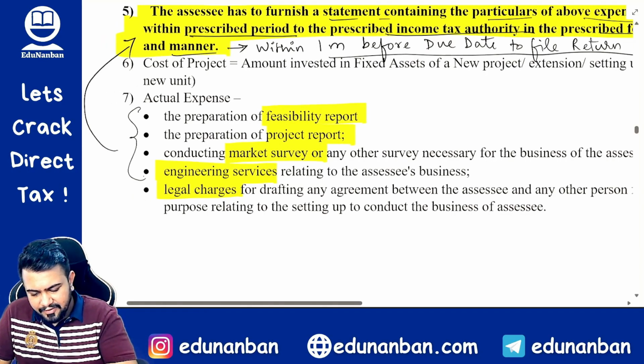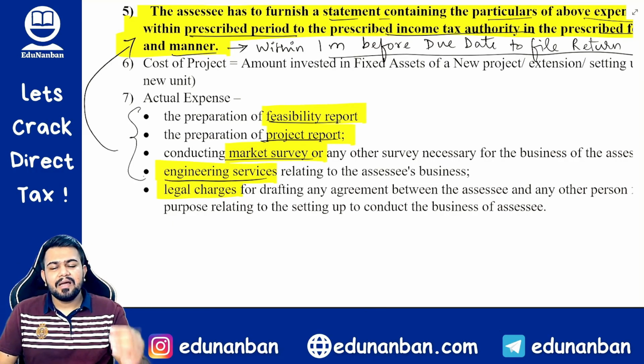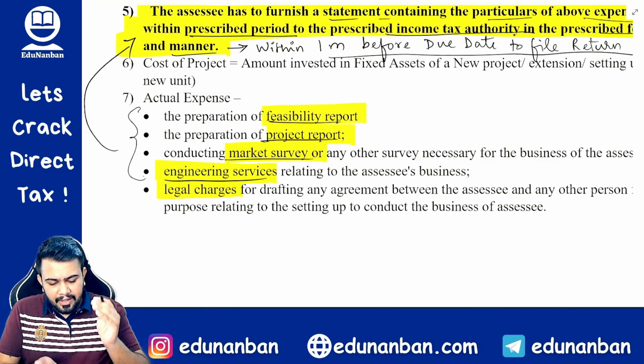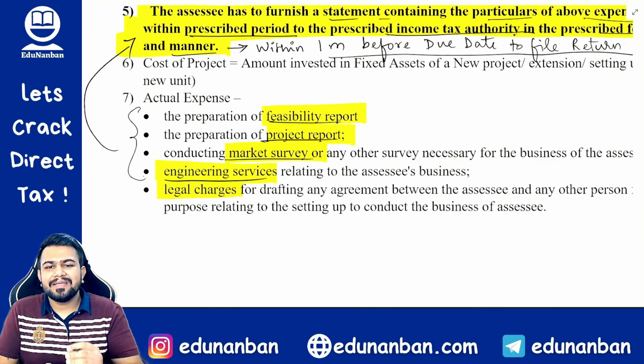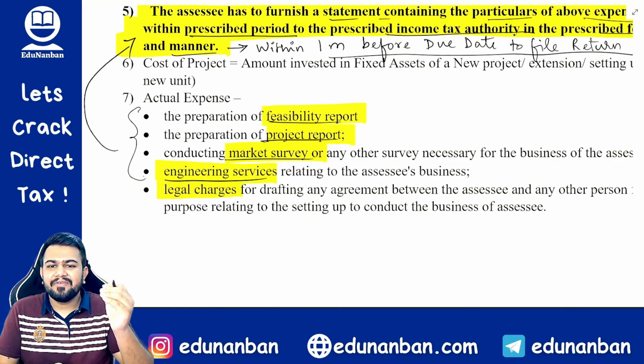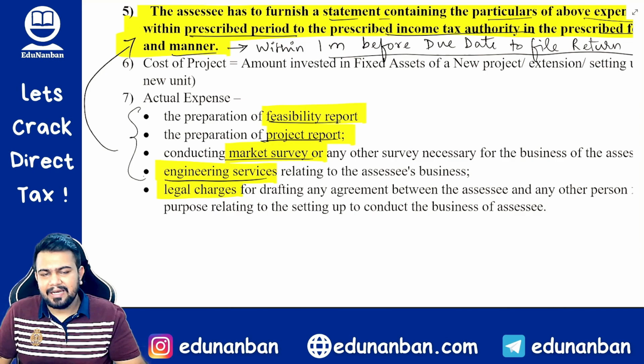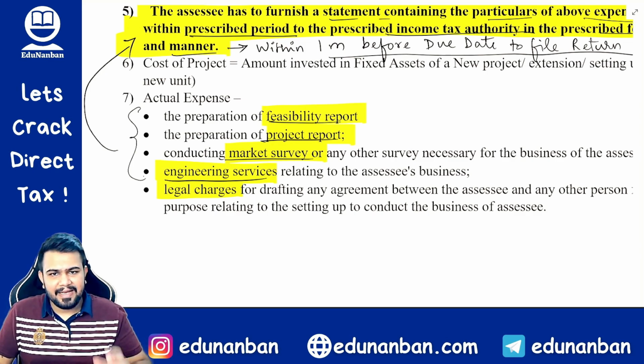Now for the first 4 expenses, earlier the deduction was given only if prior permission was taken for making these expenses, or if CBDT had given approval to certain vendors and you had purchased the relevant items or made the relevant expenditure from that vendor.